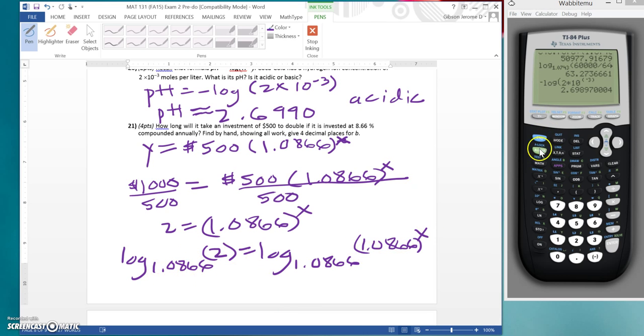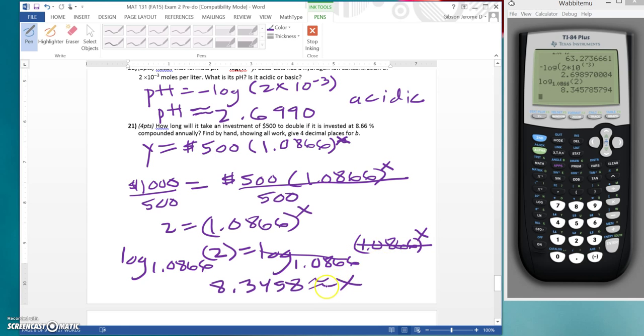Now we will put this in our calculator. We'll press alpha, then window, the number 5, then our base will be 1.0866, and then our number here would be 2. And we could press enter. And that would give us, if we round to 4 decimal places, 8.3458. And that's approximately x, because we know these two would simplify out.